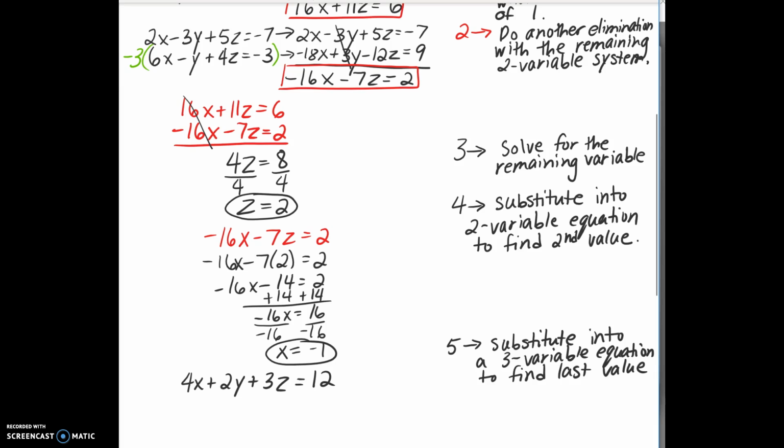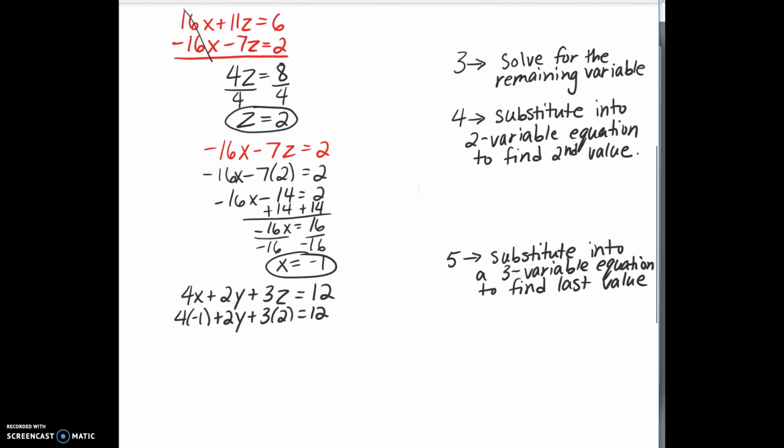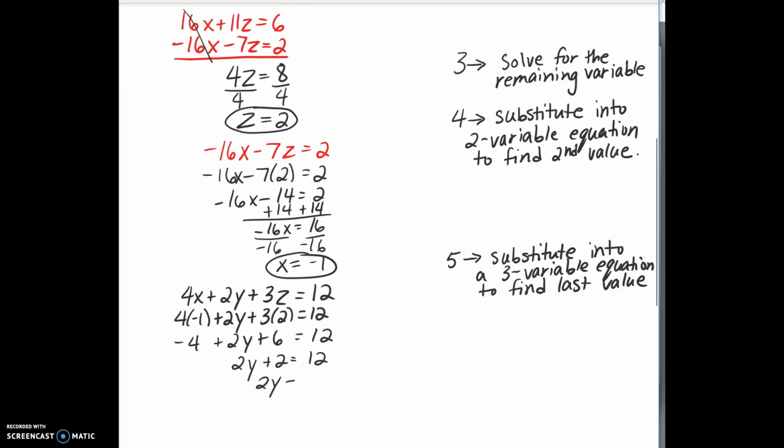But you can pick any of the three. You want to pick one that has smaller coefficients, that's fine. And then we're going to plug in what we know. So we know that x is -1, we don't know y, we know that z is 2. And we get our last integer answer of 5.